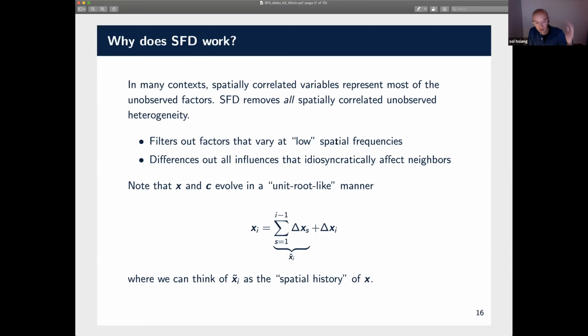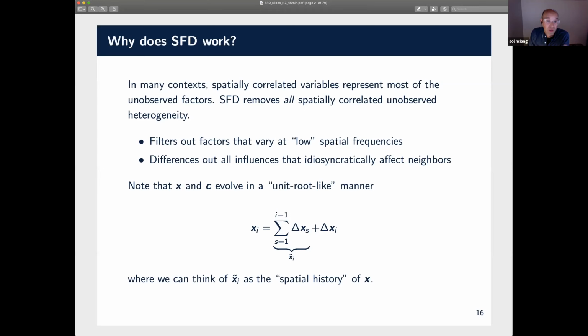For example, thinking about agriculture, if I was studying effects of temperature but I didn't have rainfall data, as you traversed the South Island you would see that rainfall patterns don't move exactly with temperature, but they're gradually evolving as you move from the East Coast to the West Coast. There's a spatially coherent trend across space in that variable. And so a lot of what SFD is doing is filtering out that low frequency unobserved variation so that it's simply no longer in the data.